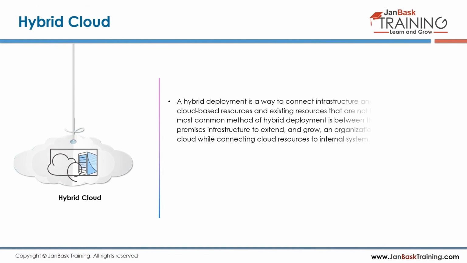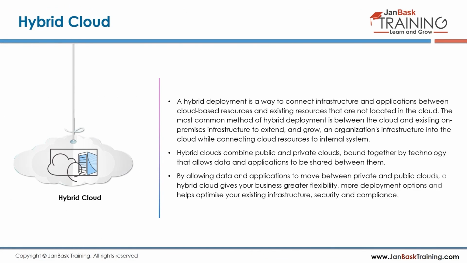Then comes the hybrid cloud. Hybrid cloud is what most big enterprises work with. Private cloud is when you have your own data center and you isolate it from the public cloud. But if you want your existing data center and your public cloud provider to work together, you go to hybrid cloud. Hybrid cloud lets you utilize the capacity on premise in your own data center as well as your public cloud, say AWS.